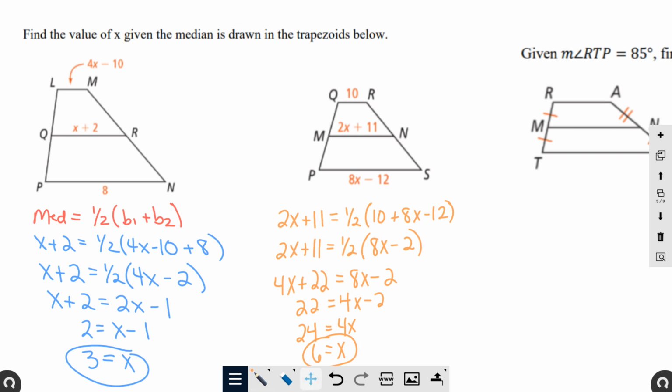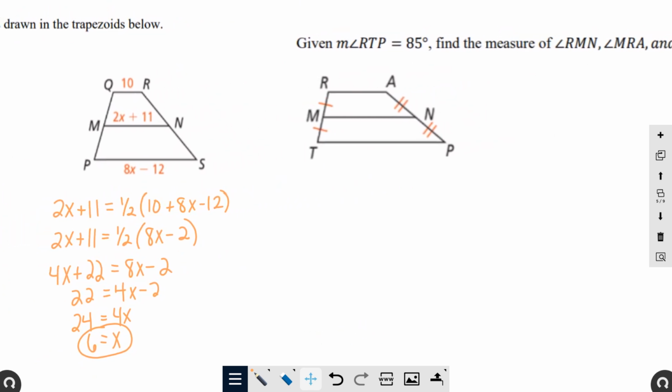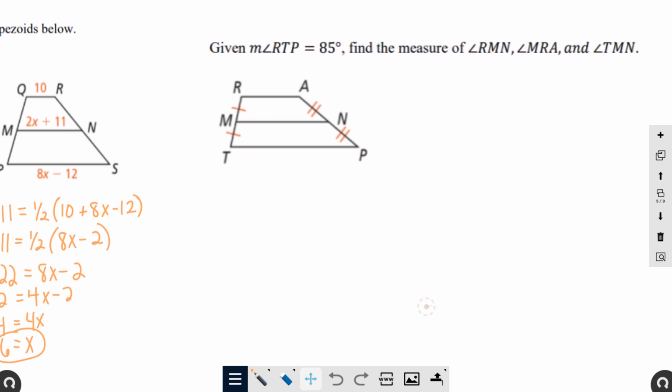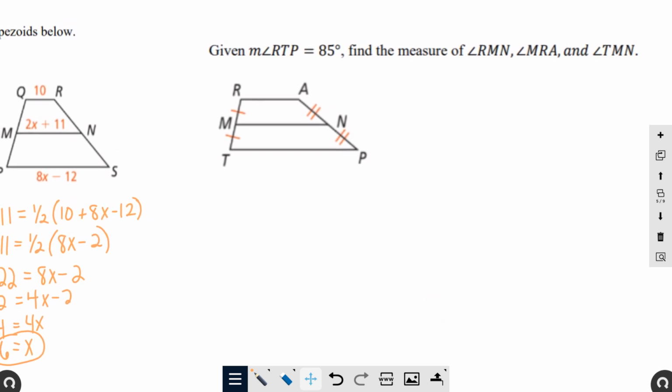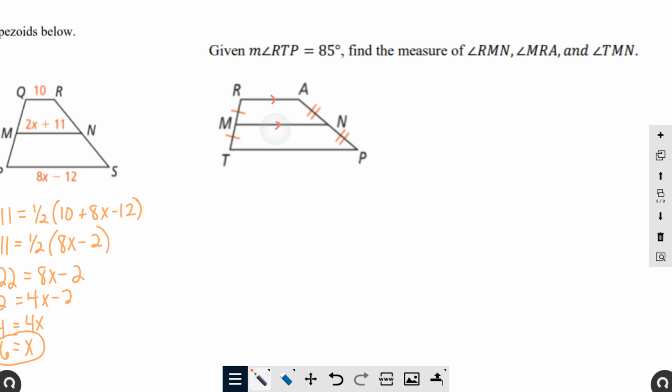All right, flip over to the back side for the next one. Lots of angles there. All right, the key thing is making sure that we know how to find our angles and what those angle measurements are. So we have here a trapezoid. We have a median in the middle because it cuts those sides in half. And if we have that, then we know that we have 3 sets of parallel lines.